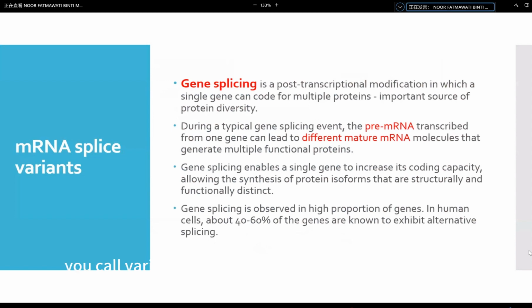So if there is a different splice, it's not gone wrong. It's a normal process. This splicing can give rise to several splice variants. So mutation gives rise to variants, and splicing gives rise to splice variants.